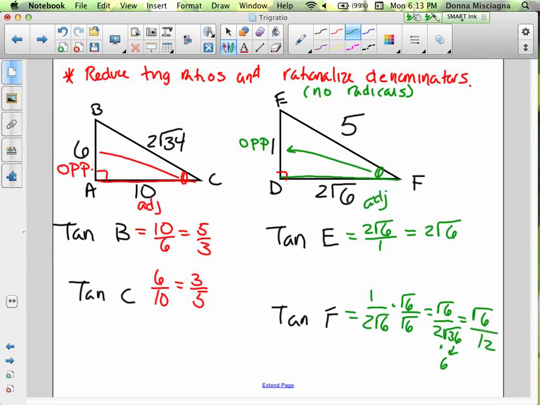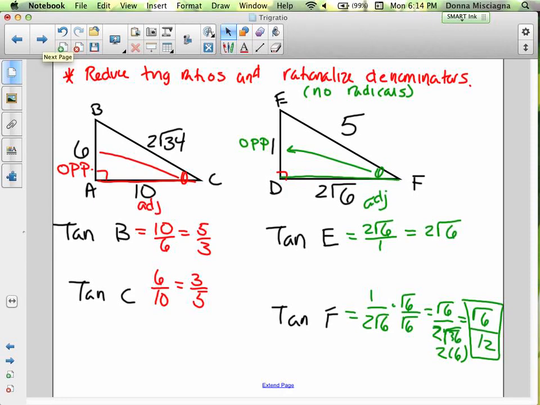So that's going to be equal to, I'll write it nicer, 2 square roots of 36. Square root of 36 is 6, so it's 2 times 6. And 2 times 6 is 12. So there's our answer in simplest, reduced, rationalized form, square root of 6 over 12.